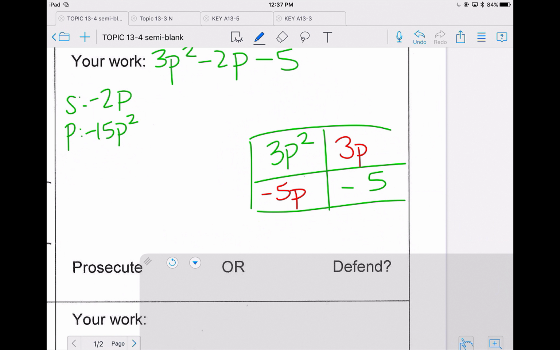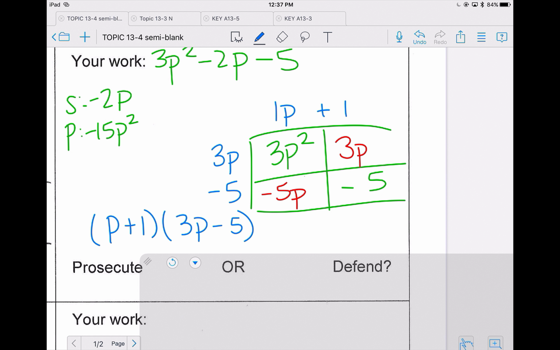So 3p squared minus 5p. They do not share any numbers, but they do share a p. 3p minus 5. Again, they do not share any numbers, but they do share a 1 as a placeholder. 3p squared and 3p share a 3 as well as a p. Negative 5p and negative 5 share a negative 5. So my answer is p plus 1 and 3p minus 5.